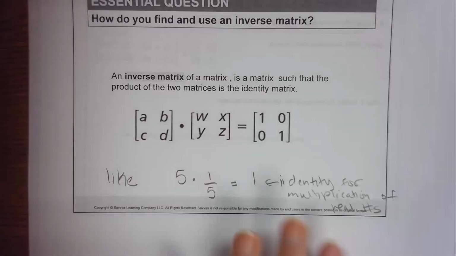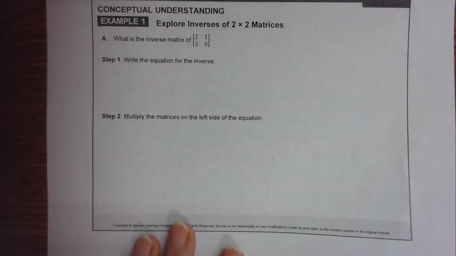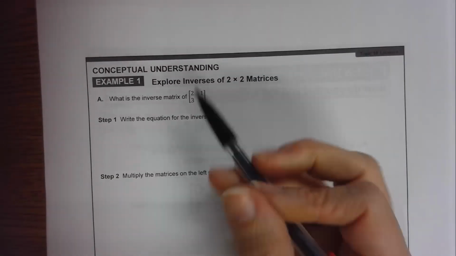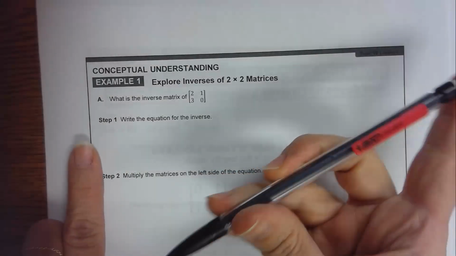Let's take a look at our first example. Explore the 2 by 2 matrices. The question is, what is the inverse of this matrix, 2, 1, 3, 0? We're going to write an equation. We don't know the inverse, so that's what we're trying to figure out.